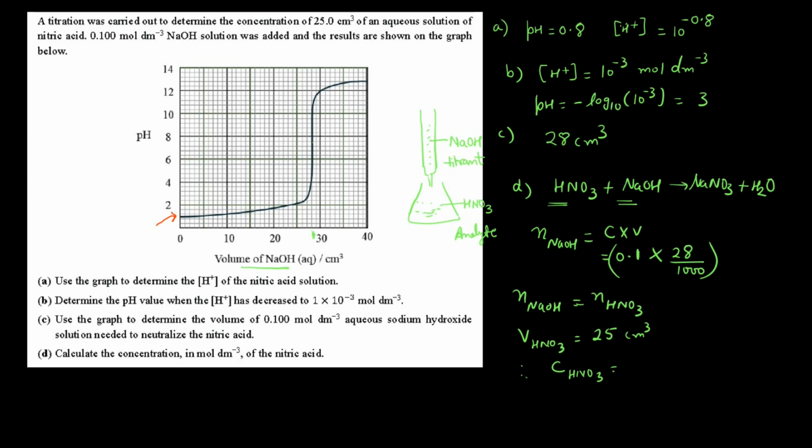This is 28, wait, this is 28. Okay, so 0.1 into 28 over 1000 divided by volume. Volume is 25 divided by 1000 to change into dm cube. So this will be your concentration of nitric acid in mole per dm cube.